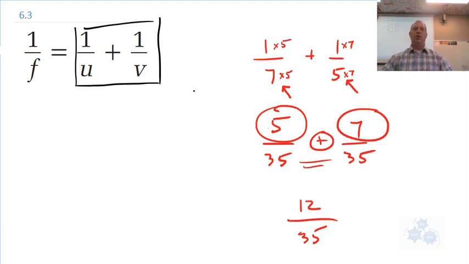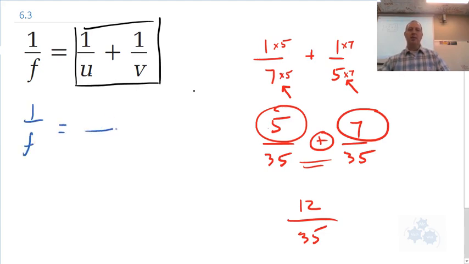Okay? So this leads us to how we're going to deal with rational expressions. The same principle holds true. We have to get a common denominator. You might look at this and say, how do we do that? Well, what's common between u and v? What's a common multiple? If we have two variables, the easiest common multiple to get is just when you multiply them together. So we're going to write this as 1 over f equals, and each of these fractions we're going to write over u times v.